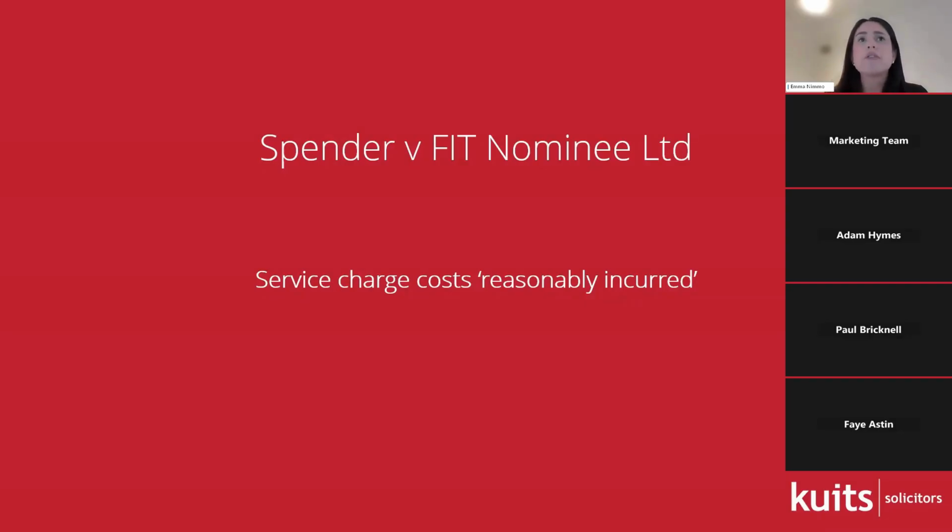The case specifically focused on whether costs incurred by the landlord under long-term contracts for hire and maintenance of security systems had been reasonably incurred. The main argument brought by the tenants was that it had become excessively expensive to rent the security equipment rather than purchasing it.